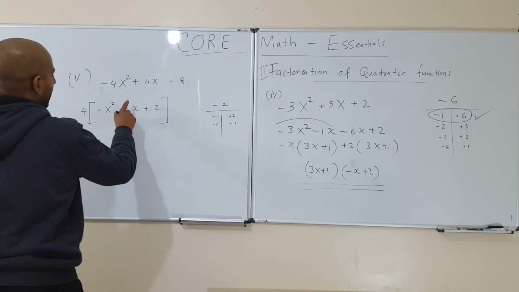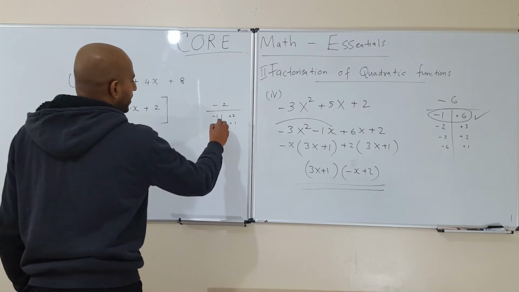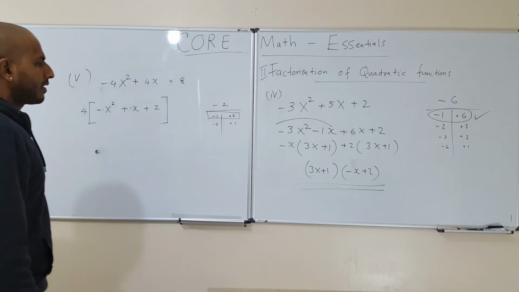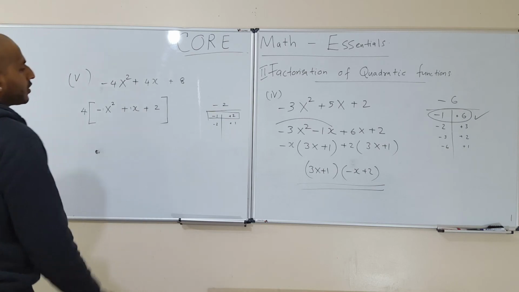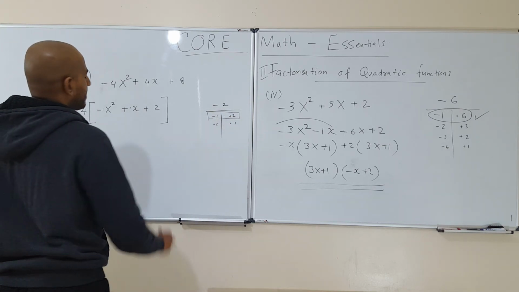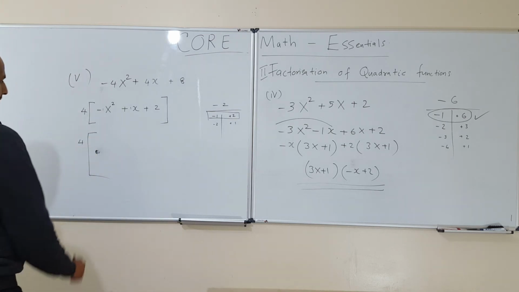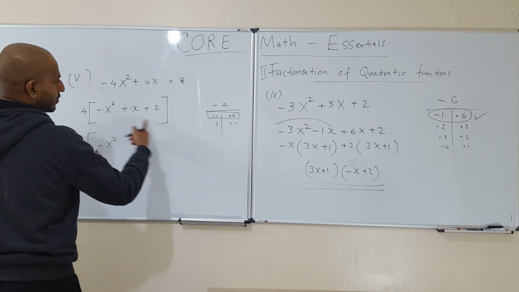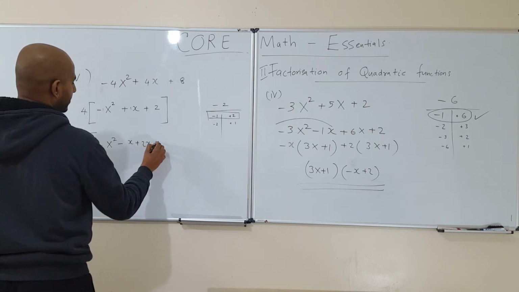And we can make x, meaning 1x basically, using this pair. Isn't it? Because plus 2 minus 1, add them together gives us 1. So I can just put a big bracket here. Because 4 is outside, I'm going to write minus x squared plus x can be written as minus x squared plus 2x minus x plus 2.